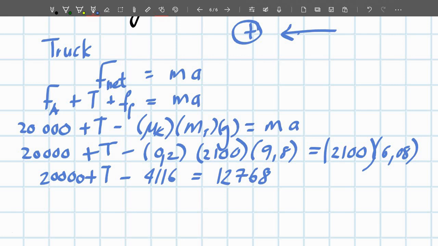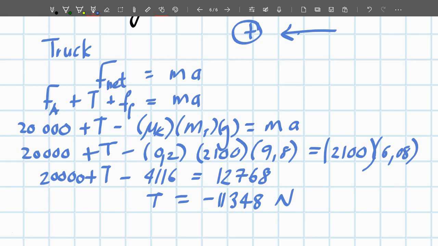Okay. So we just take all the values aside, leaving tension alone, because that's what we need to calculate. So we can take this answer minus 4116 minus 20,000 gives you an answer of minus 11348.